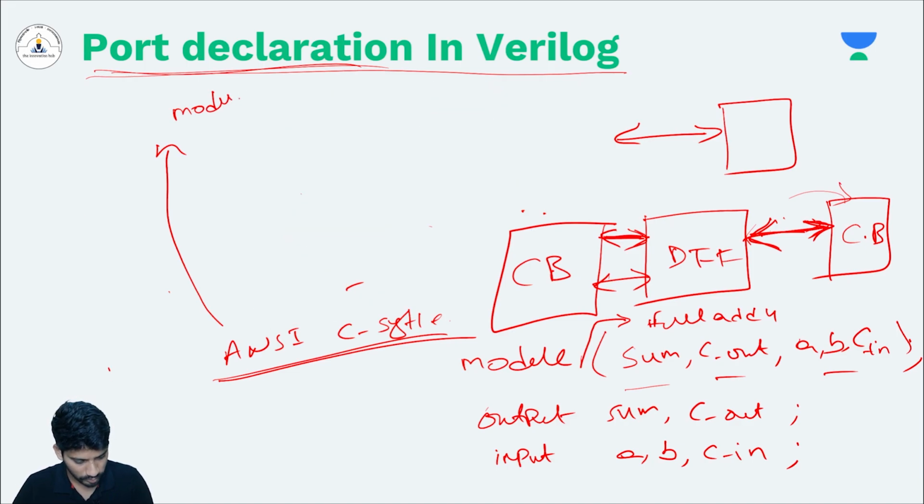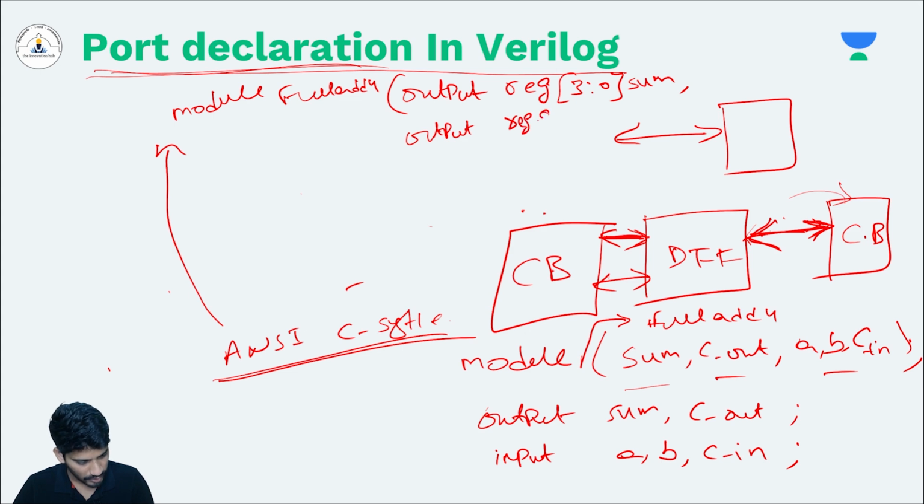Module full add 4. You can define the port declaration here itself. Output reg, which is a register type, 3 down to 0 sum, comma output again reg, which is my C out, comma C. Since it is a 4-bit full adder, the output sum is 4-bit and C out is a single bit.